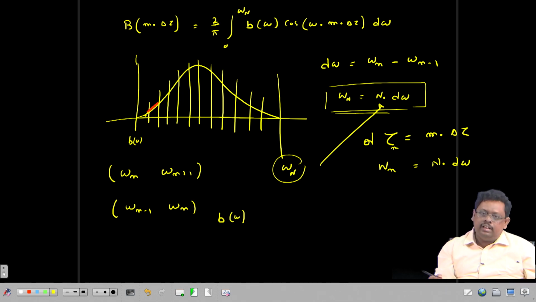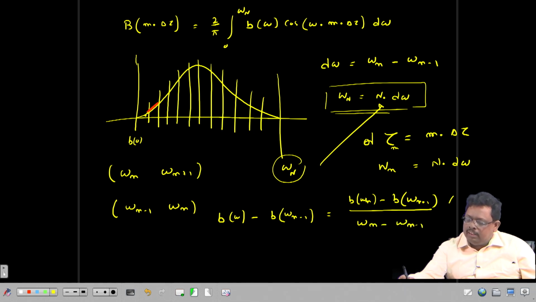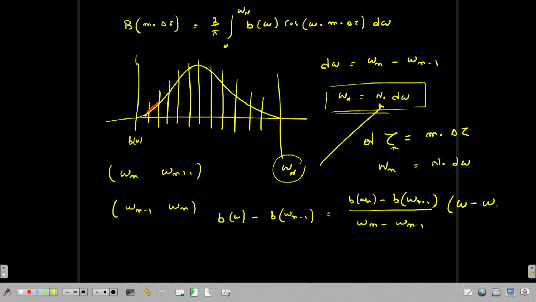So, how can we write a straight line? So, b omega minus b of omega n minus 1 should be equal to b of omega n minus b of omega n minus 1, divided by omega n minus omega n minus 1, multiplied by omega minus omega n minus 1.